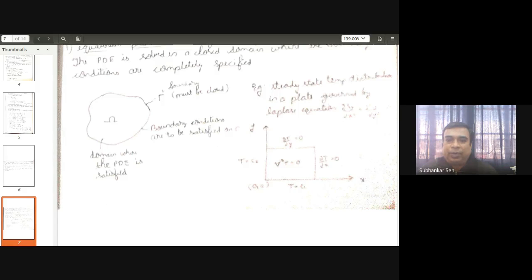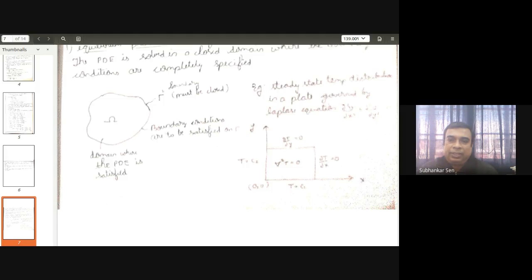We are showing a two-dimensional slab, and we write the Laplace equation del square T equals 0, and specify the boundary conditions at all the boundaries. These two boundaries are insulated, so these are the Neumann boundaries, and on these two the temperature is specified, T equals C1 and T equals C2.